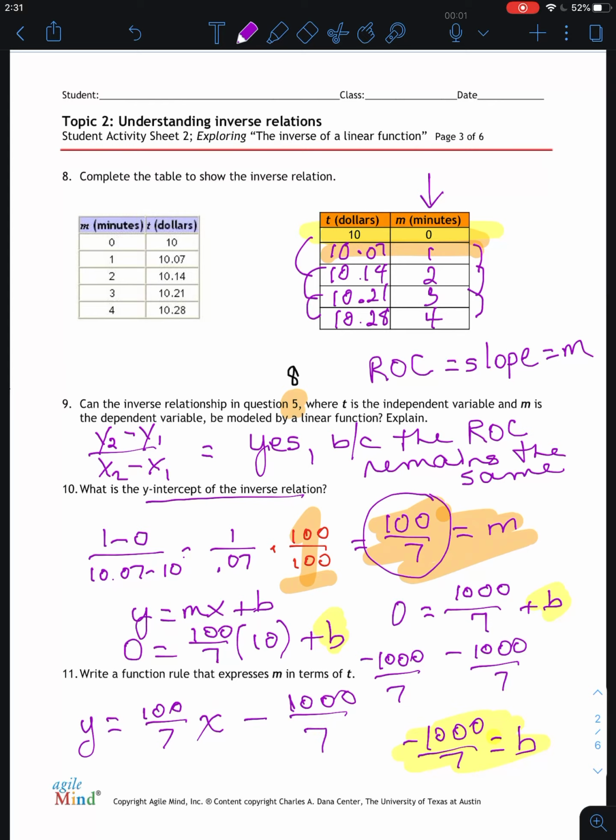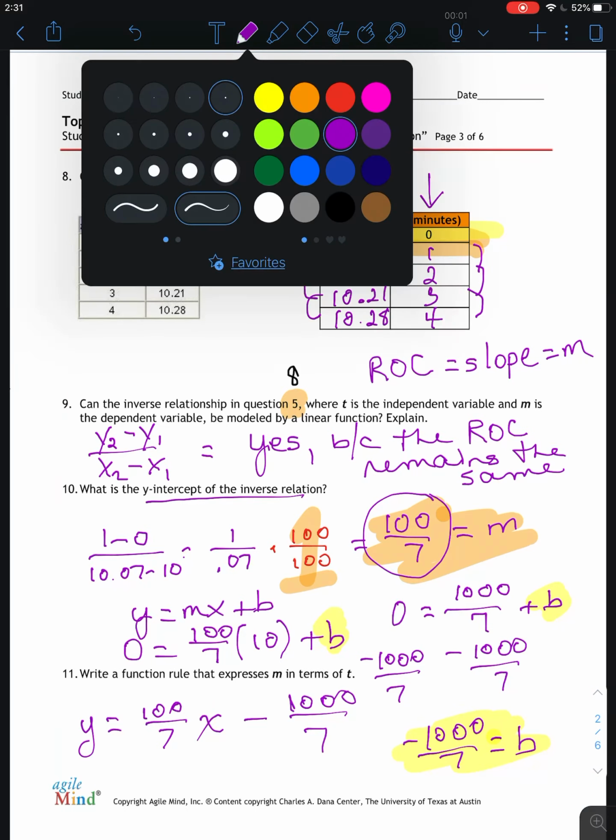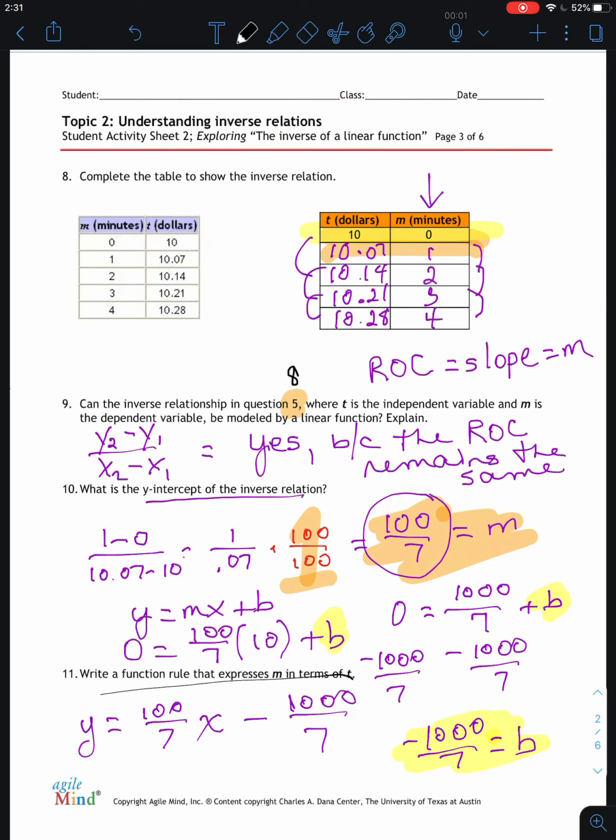So y equals 100 over 7 x minus 1,000 over 7. And that is our inverse function for the function given in the table on the left.